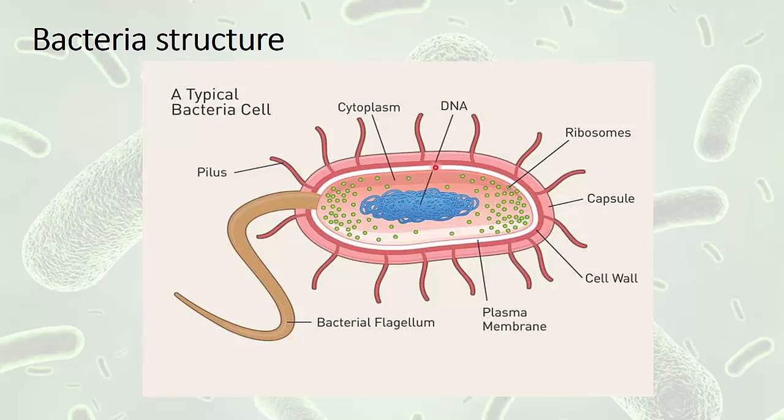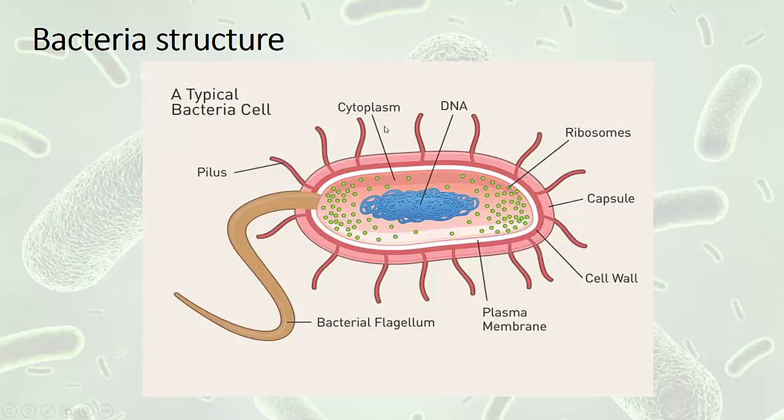Here's the DNA. Now the DNA in bacteria is in the form of a chromosome. Remember, there's no nucleus. These are prokaryotic organisms, and there's no nucleus, but there is a chromosome, and that chromosome is made up of DNA and proteins. Some bacteria have this. This is a flagellum, and it's used to help move the bacterium around.